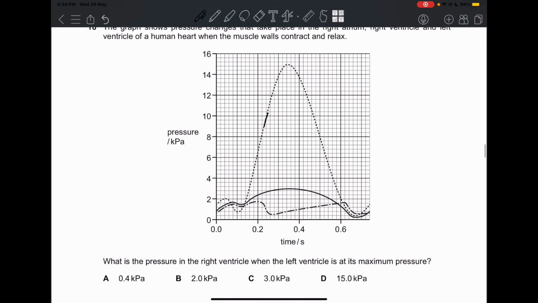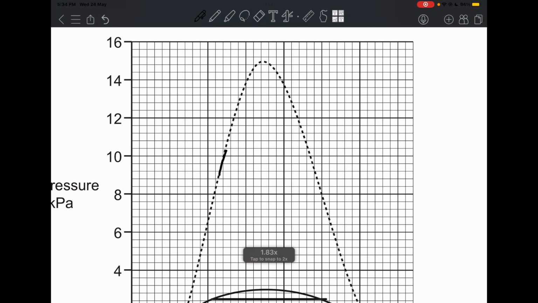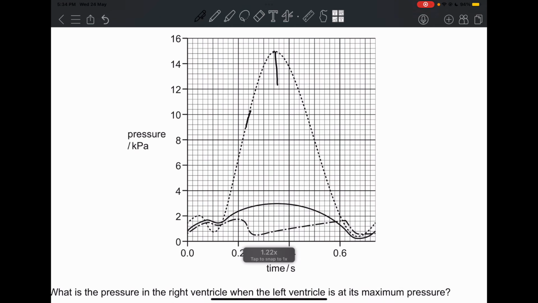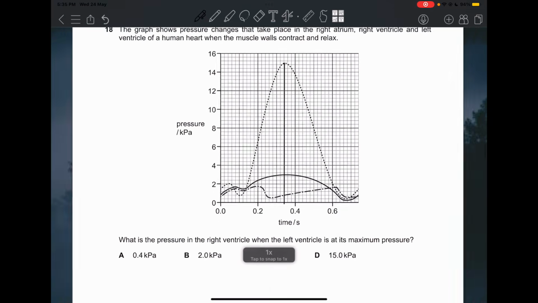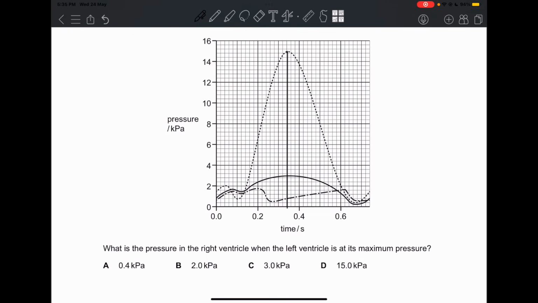The peak of this is somewhere over here. So I'm just going to draw a line from this area to the bottom so I can see exactly where the peak is. It's somewhere right here. So this is the maximum pressure of the left ventricle.